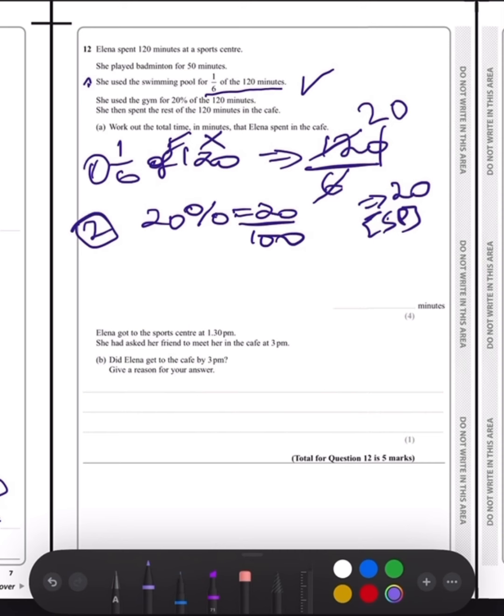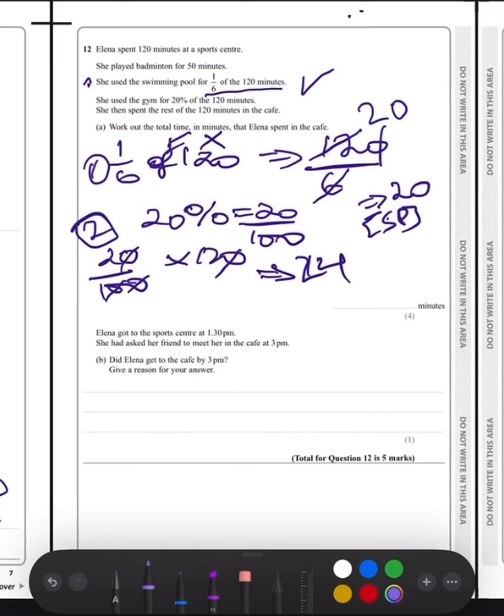So we can also do 20 over 100 into 120. And we basically get this answer. It's the simplest method, but the other method is also good. If you still don't understand it, please let me know. I can always show it to you in another shot, or I can show you here if you want me to. So basically it could be the other method.